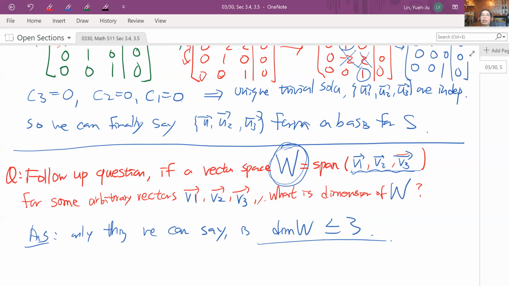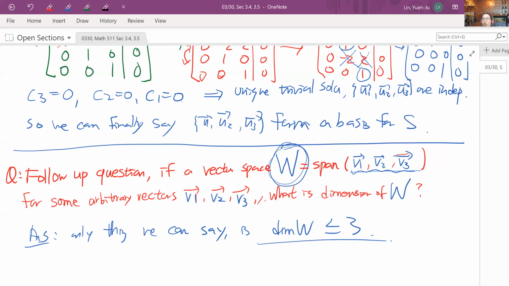So again, how do you know the dimension? The safest way is to find the correct set of bases. If you can prove that you can find, say, 2 vectors or 3 vectors that form a basis, then the number of vectors that form the basis is the dimension, right?